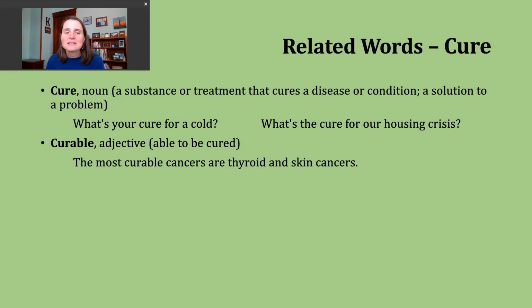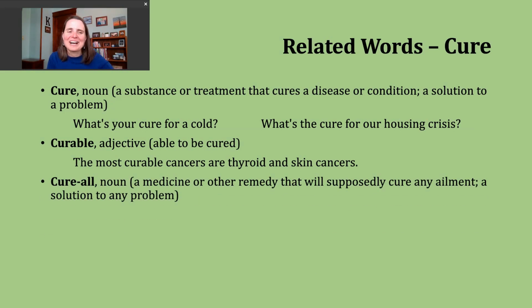An example of this might be, the most curable cancers are thyroid and skin cancers. Okay? So they have many times the best success rate, the best five-year survival rates. So another word for us to discuss today is the noun cure-all.